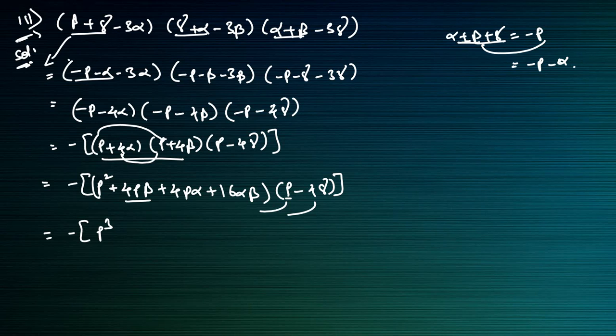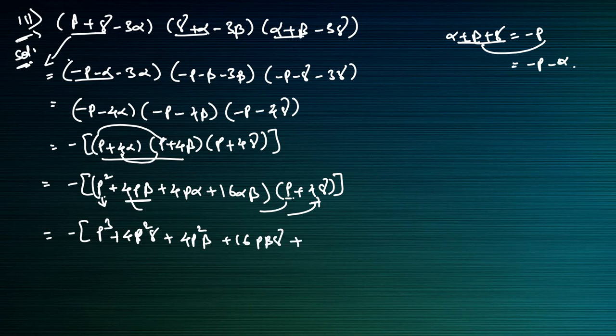I will do this: p square into 4 gamma, so 4p square gamma, plus 4p beta into p, 4p square beta, and 4 into 4 is 16 p beta gamma.